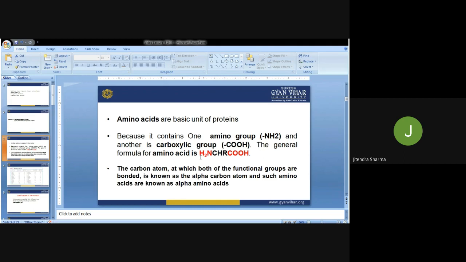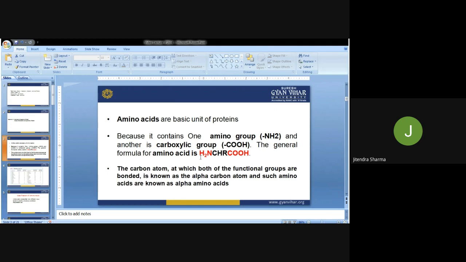So in general the formula of amino acids is NH2-CHR-COOH. Here both the amino group and the carboxyl group are present. Both of these groups are attached in the amino acid, and they are linked by a CONH bond, and that is why it is a chain of amino acids.